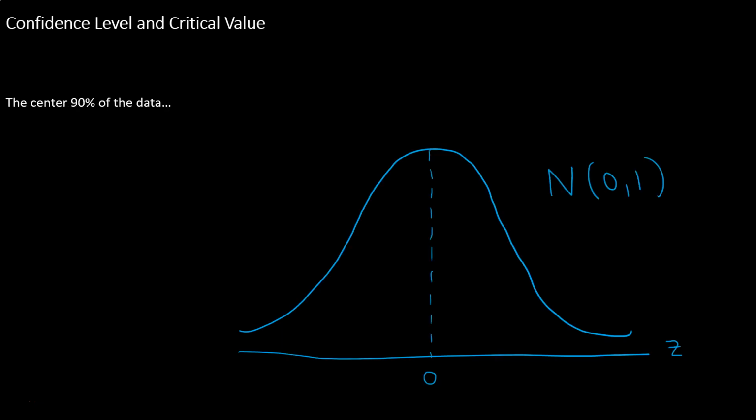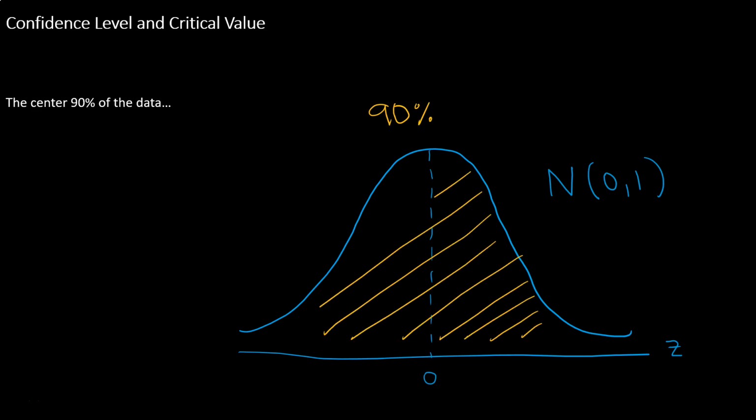To calculate this error that we allow in the confidence intervals, we have to talk about critical values. For a 90% confidence interval, we basically consider the center 90% of the data from a standard normal distribution. We know how to find the z-scores that carve out the center 90% of data, and we're able to find that that's negative 1.645 on the left, positive 1.645 on the right.